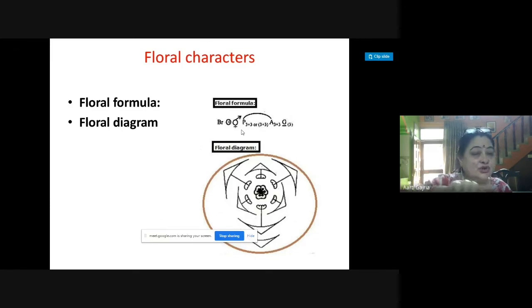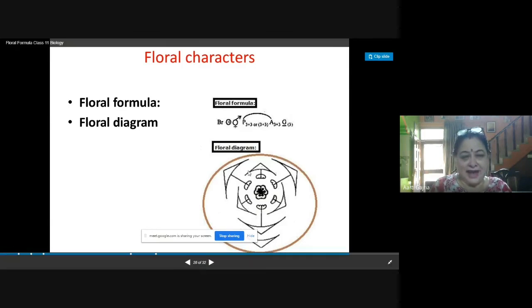So between androecium and P there is a connecting line. In the diagram also, there are no separate sepals and petals, they are together. So it is perianth, and the perianth is connected to the stamens. That's why this line is there, P and A. 3 plus 3, the stamens are also 3 plus 3.